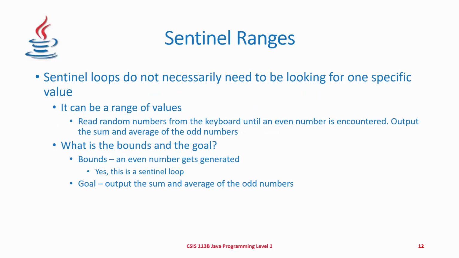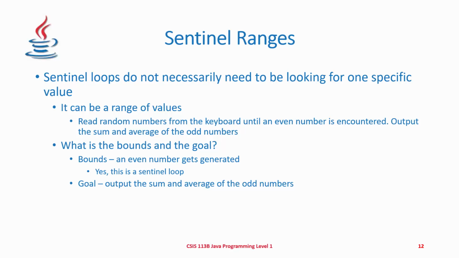running the loop. So sentinel loops can occur with ranges, not necessarily a specific value that it's looking for. The example that we give you here is that we might have a random number generator generate numbers, and we want our loop to continue running as long as it's an odd number.